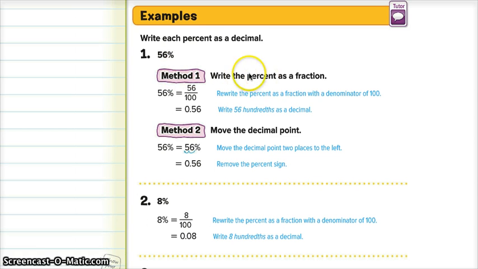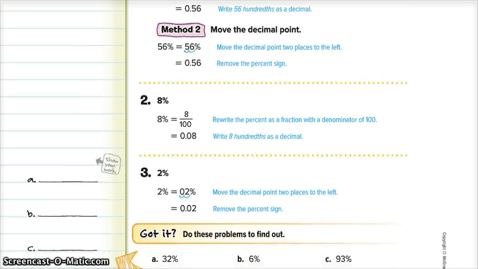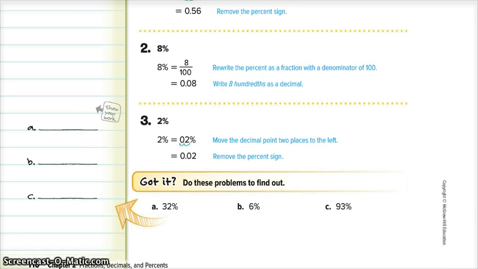Take a look at method 1, take a look at method 2. Then take a look at the second example for changing 8% into a decimal. Finally, look at 2%, changing that into a decimal. Once you feel like you have a pretty good understanding, go ahead and try part A, B, and C under the Got It section with 32%, 6%, and 93%.